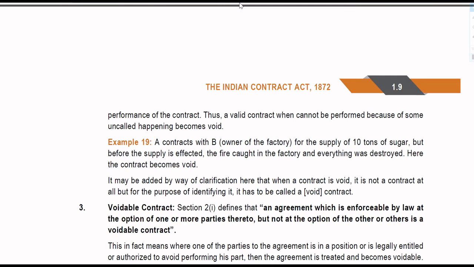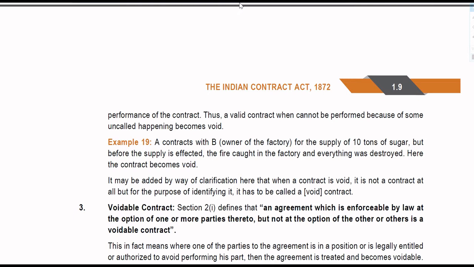It may be added by way of clarification here that when a contract is void, it is not a contract at all, but for the purpose of identifying it, it has to be called a void contract. Okay. See, in the first example, I will take it in my own words.